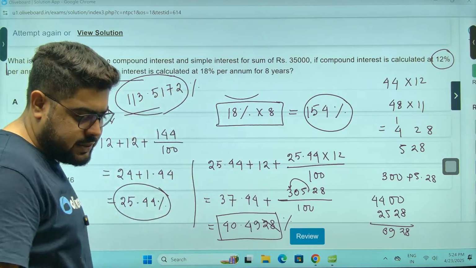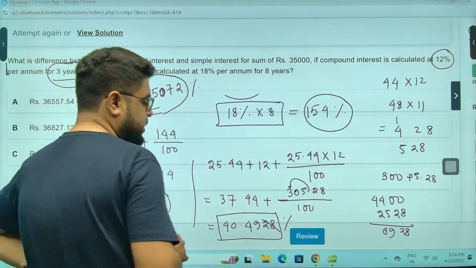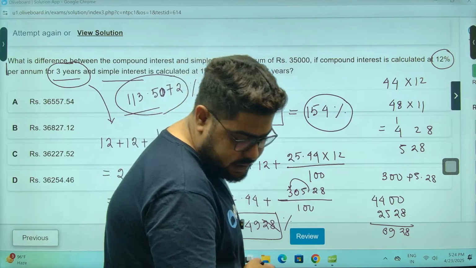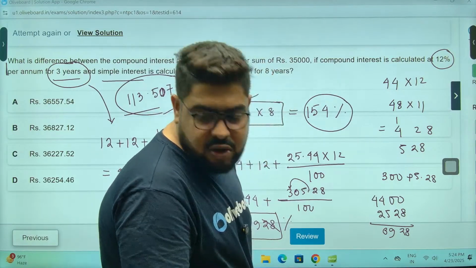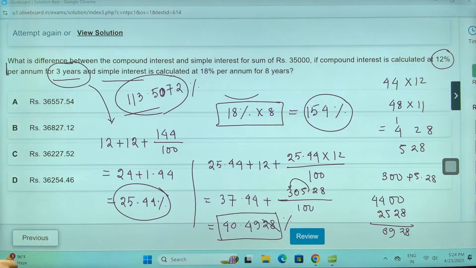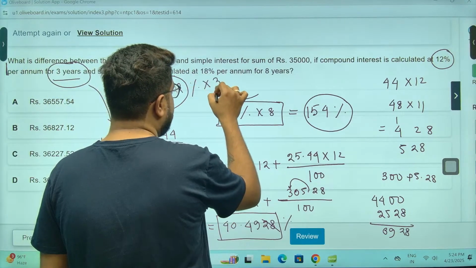You guys are getting 5072%. Right? No, you cannot do it like that. Why? Because the options are now very, very close. If you multiply with 35, then even that 0.1% will matter, sir.